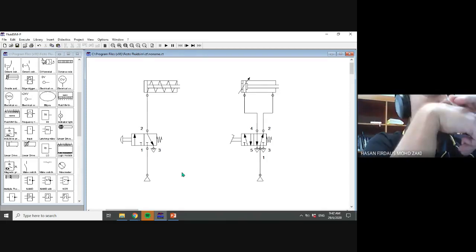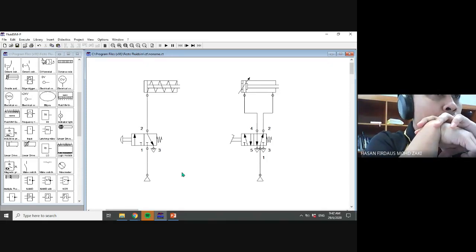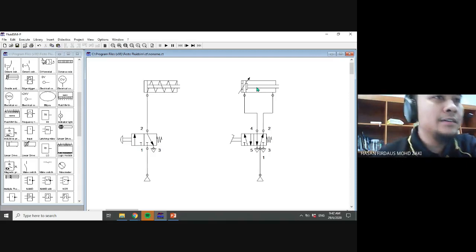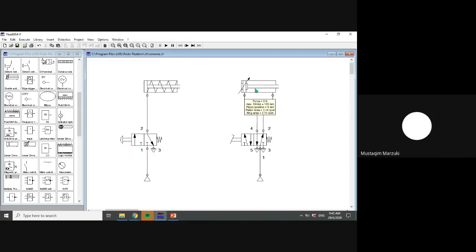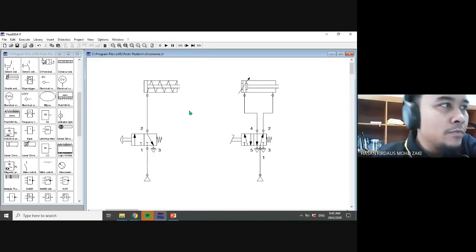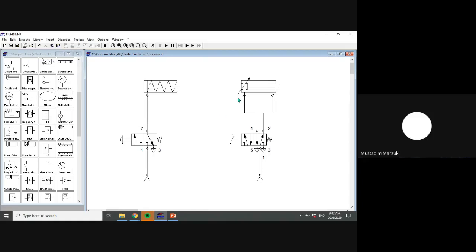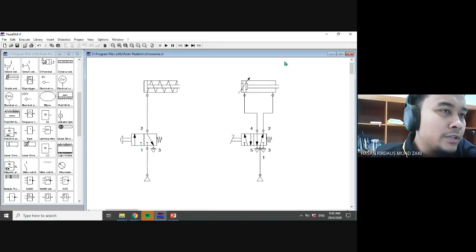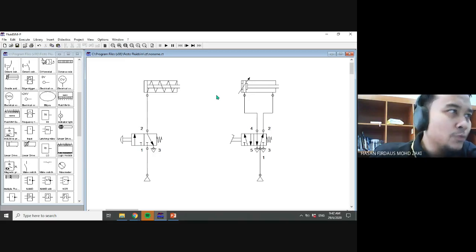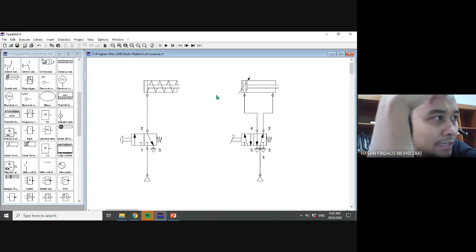Or you mean you want to make the cylinder stop at the mid? Yes. Can we make that? Yeah, sure. For this one you need to use another intermediate DCV. We'll go through it after this, maybe in the next class.